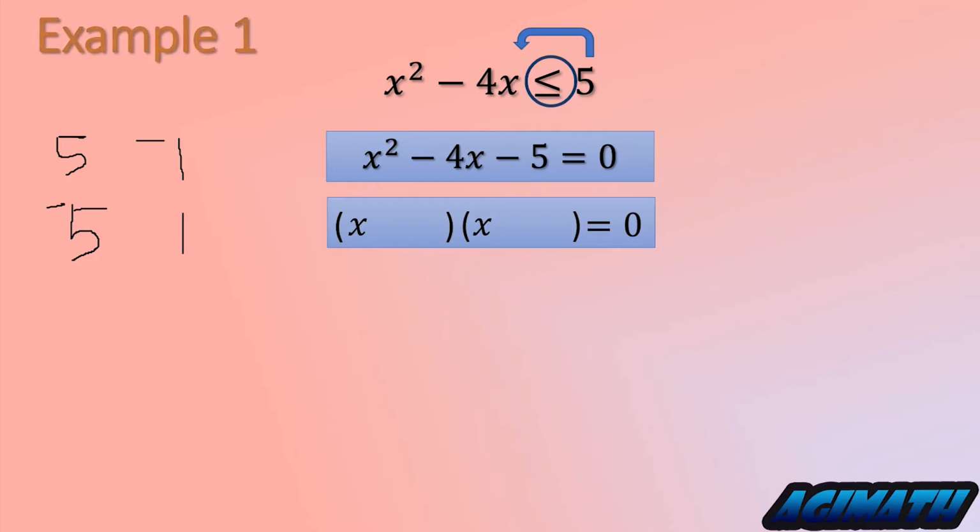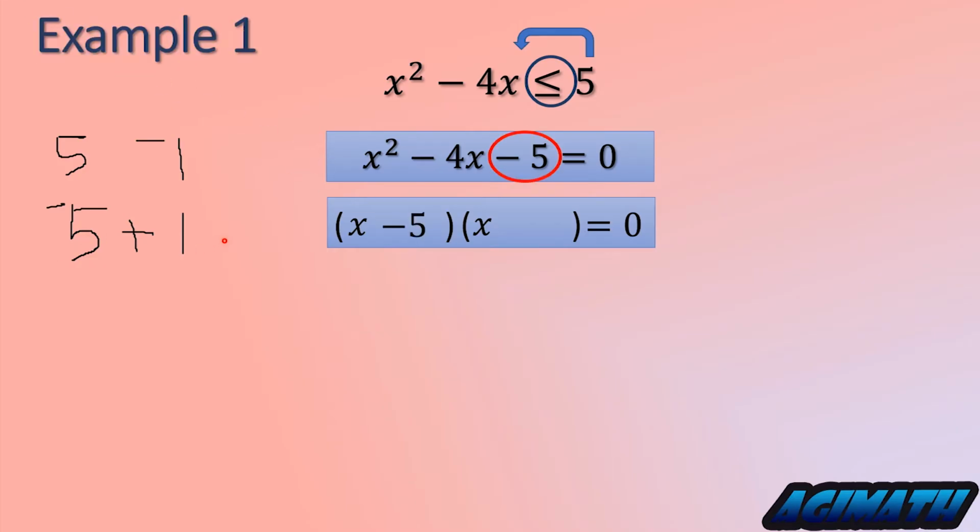These are the factors that are whole numbers. Next, you check which of these pairs will give you a sum of negative 4. When we combine negative 5 and positive 1, that will give us negative 4. That's why the factors that we are going to use are negative 5 and positive 1.